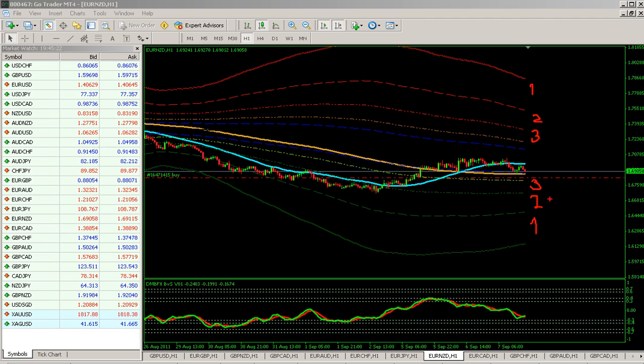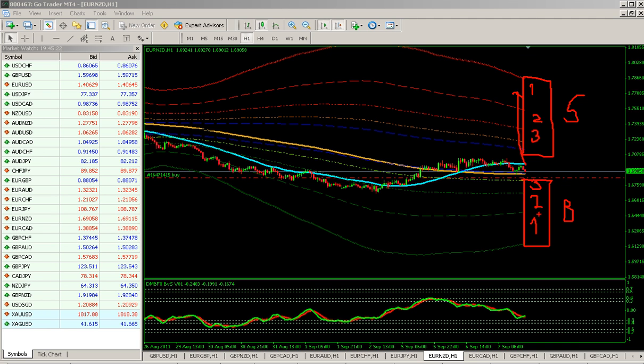Now what this basically means is that whenever the price hits down here, for example, it would give you an opportunity to buy in this template. And vice versa, if the price goes up here into one of these levels, it would give you an opportunity to sell. So you have the buy zone here, and the sell zone up here. And there's a reason why you have the buy zones 1, 2, and 3.